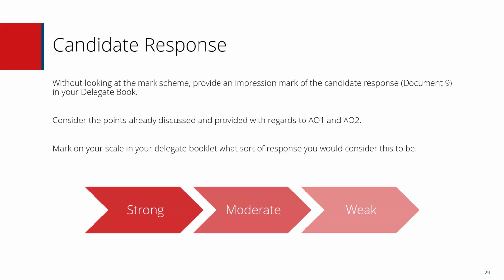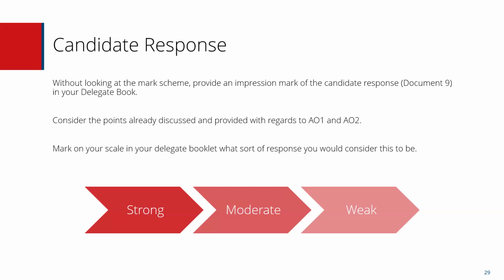It's not consistent. It will wander into description in level 3. And the knowledge they give is good. For level 3, it doesn't have to be perfect or wide-ranging. It has to be accurate and relevant. So don't be looking for perfection in level 3.